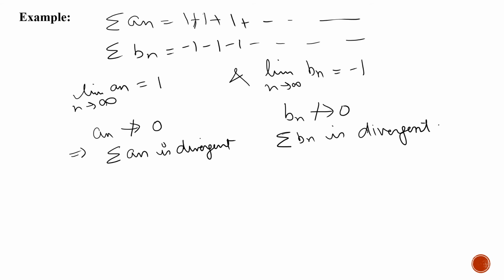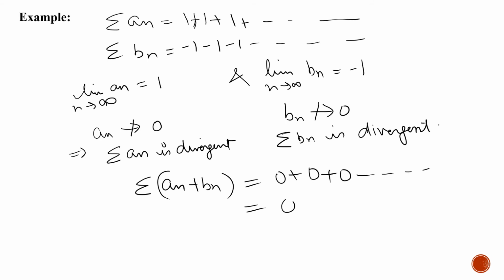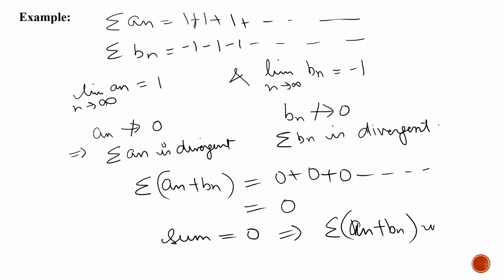Now see what you get if you add these two series. This will be equal to 0. Obviously you can find out the sum and this will be equal to 0. This implies that the summation of a_n plus b_n is convergent.